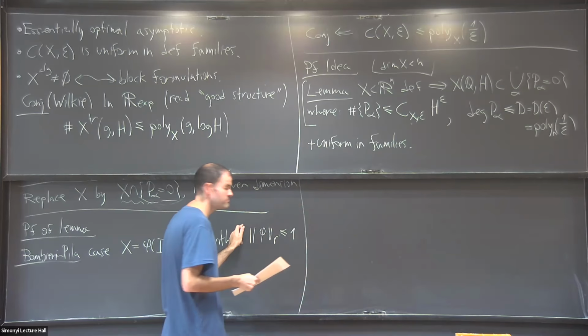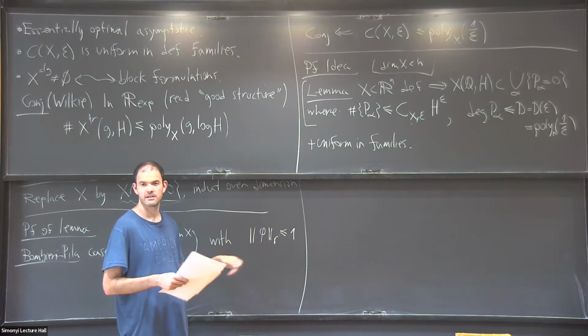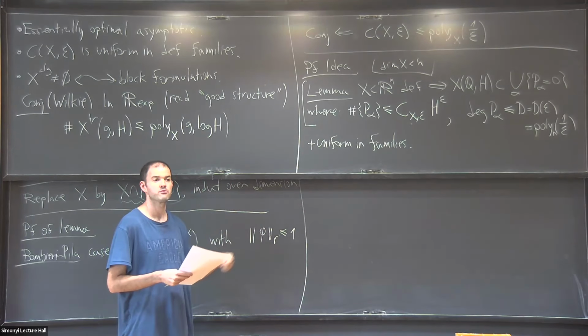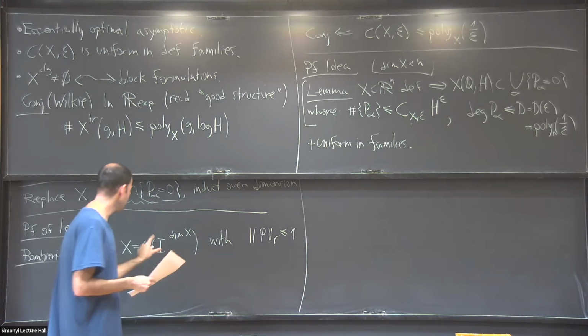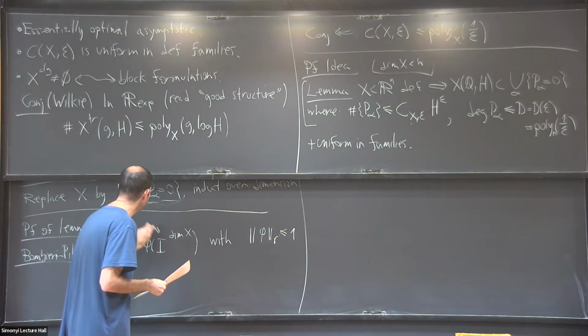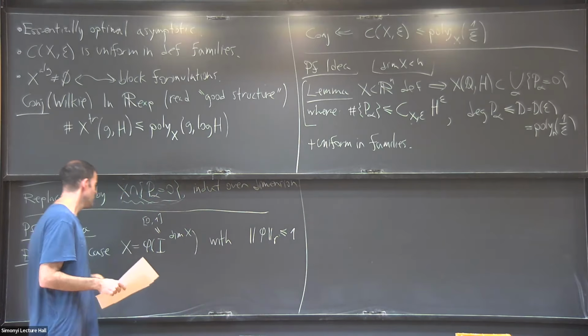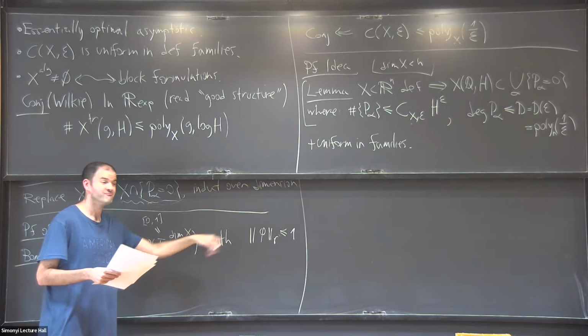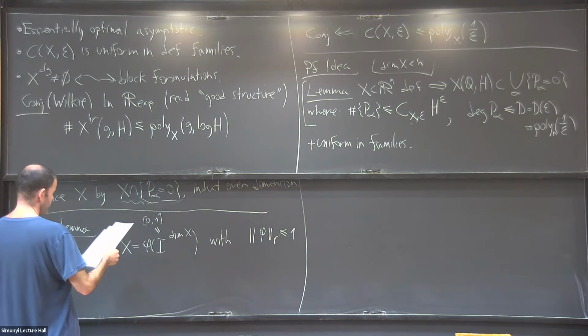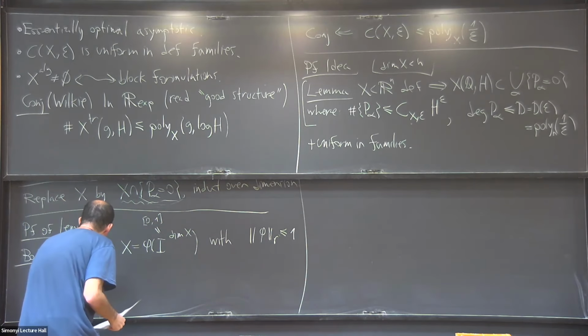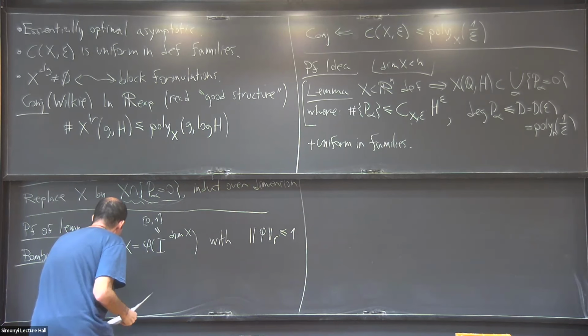So pick your favorite C^r, say the maximum of all the derivatives up to order r on this cube. I is just the interval [0,1]. And I should say what is r, where r again depends only on epsilon.